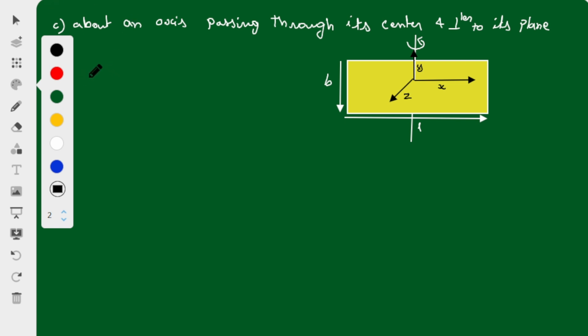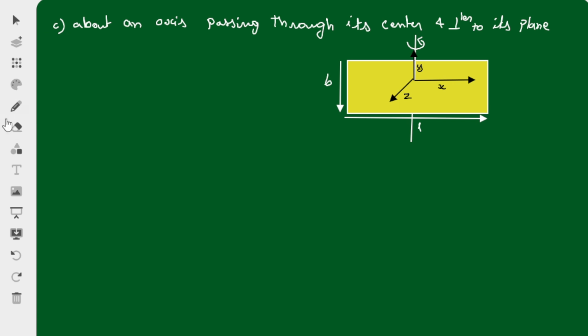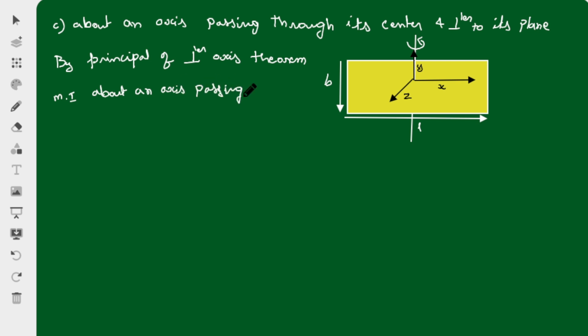So by the principle of the perpendicular axis theorem, the moment of inertia about an axis which is perpendicular to the plane of the lamina, passing through its center, is equal to the sum of the moments of inertia about the other two axes.